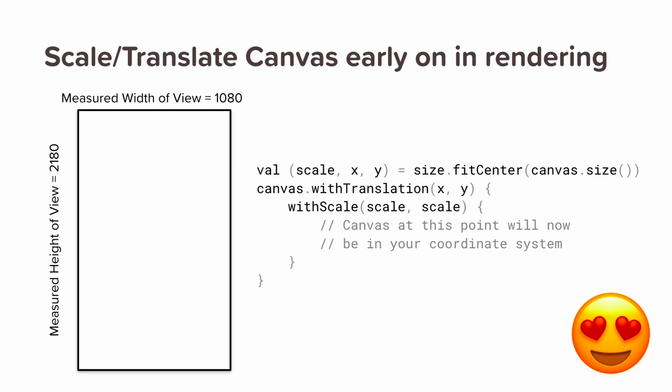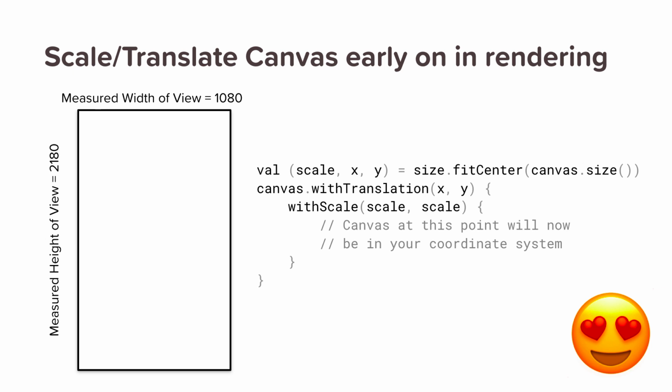And then I have a method that fitsCenter, basically fits this size inside the bigger canvas size. And that canvas size is 1080 by 2180, okay? This function just calculates exactly the offset and the scale that we need to get between these two different coordinate systems.